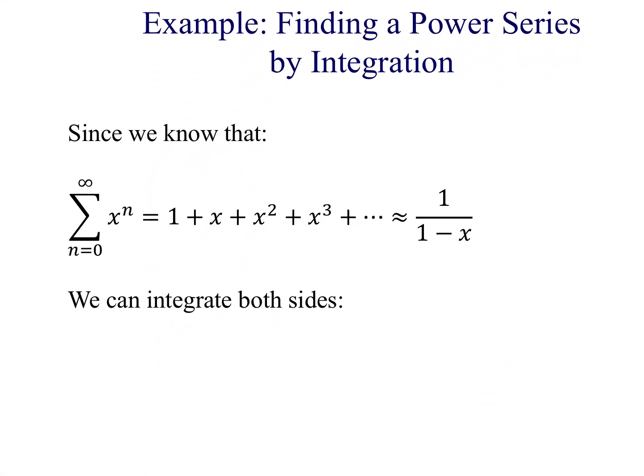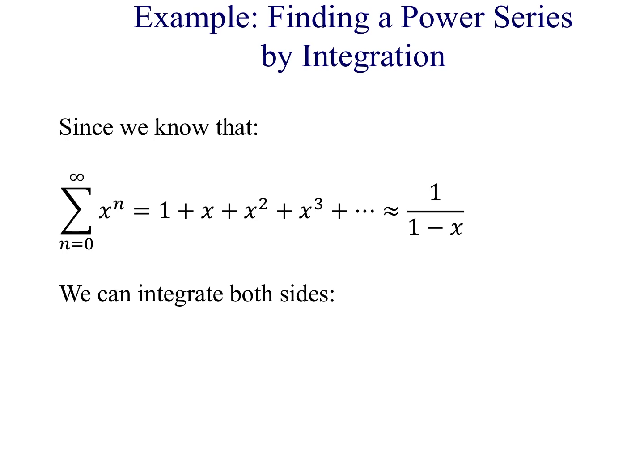Okay, so we can also do the antiderivative. Since we know that this expression is defined as a power series, we can integrate both sides. So we can throw an integral here, and over each piece, and on that side. The integral of 1 is x.